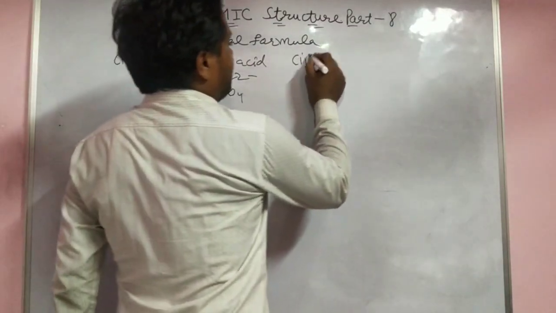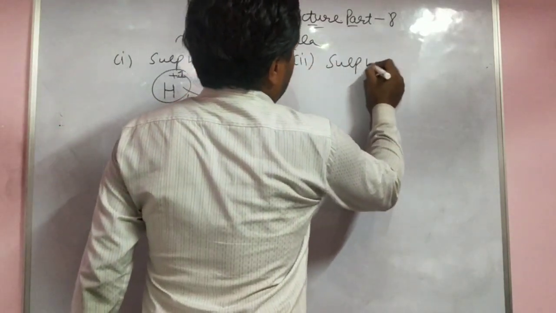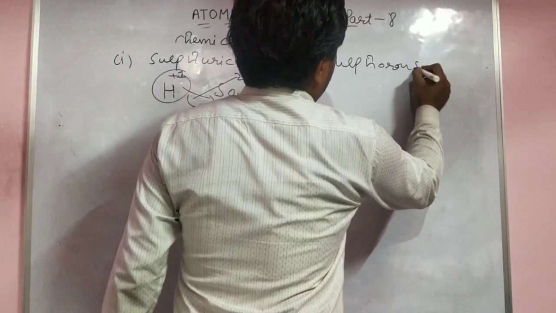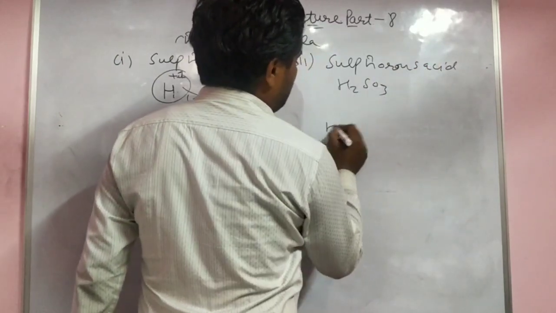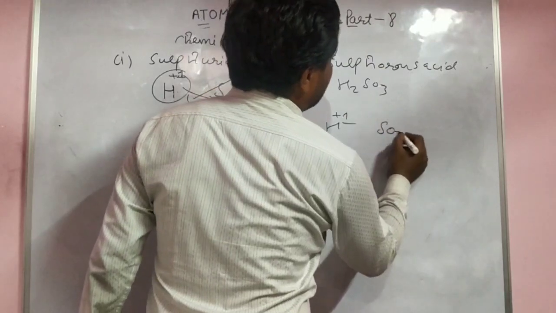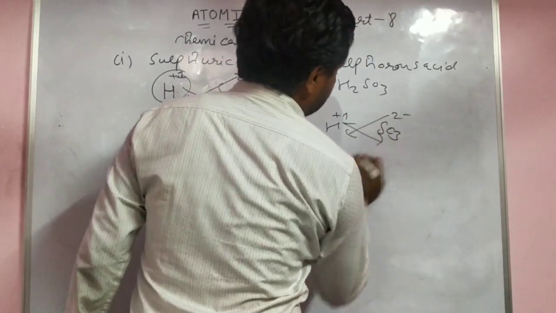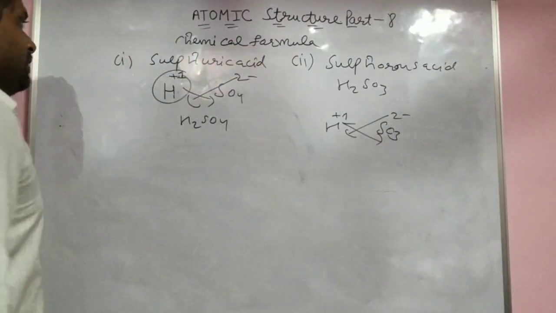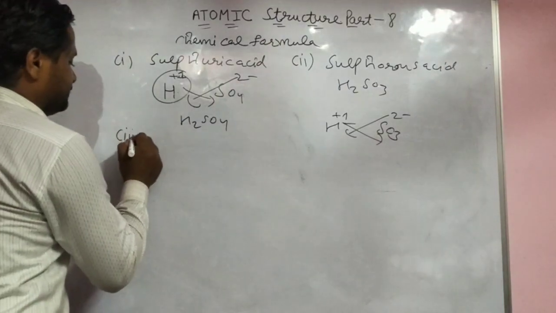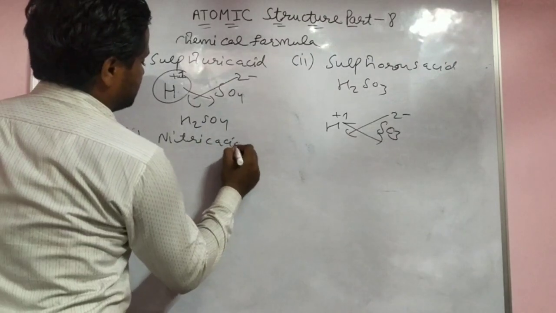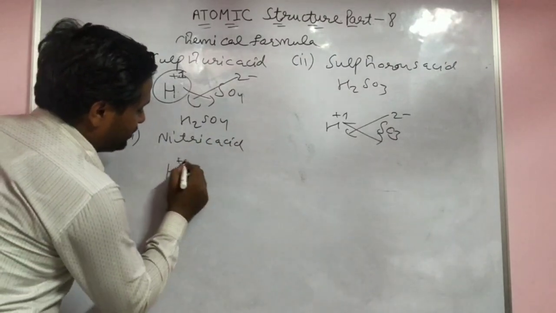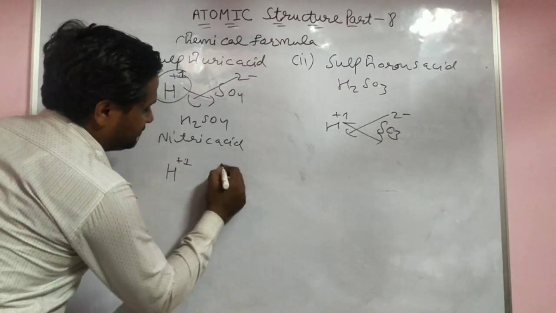Yes, sulfurous acid. When you come to it, you put one oxygen less: H2SO3. How is it formed? By using the sulfite. Next acid, nitric acid. That is by using H positive and nitrate.